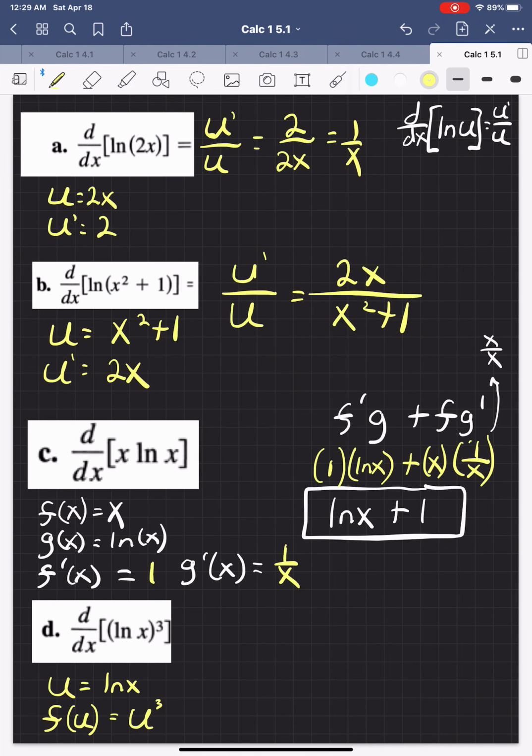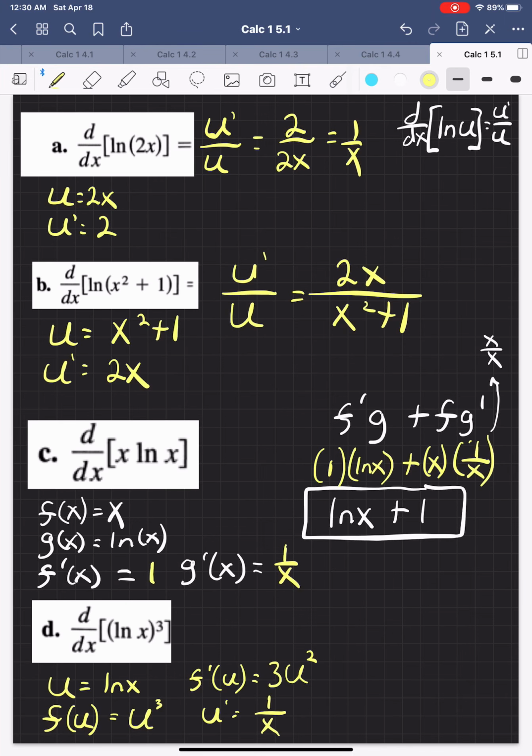And then we would need f prime of u, and then you would need u prime. Well, f prime of u, the derivative of u cubed is 3u squared. And u prime is just 1 over x.